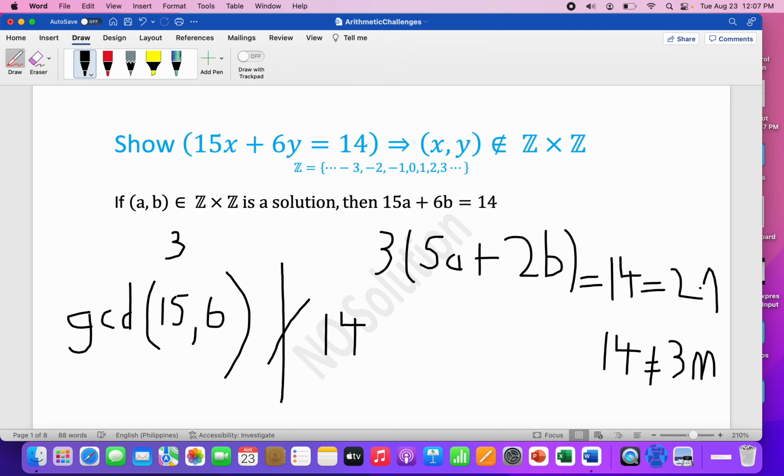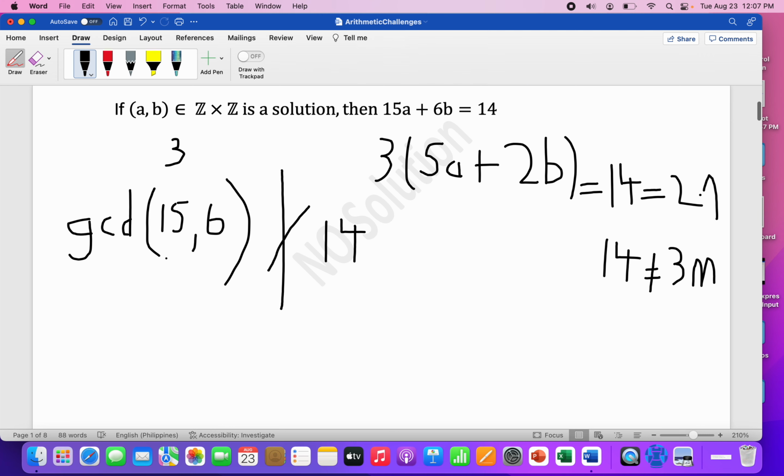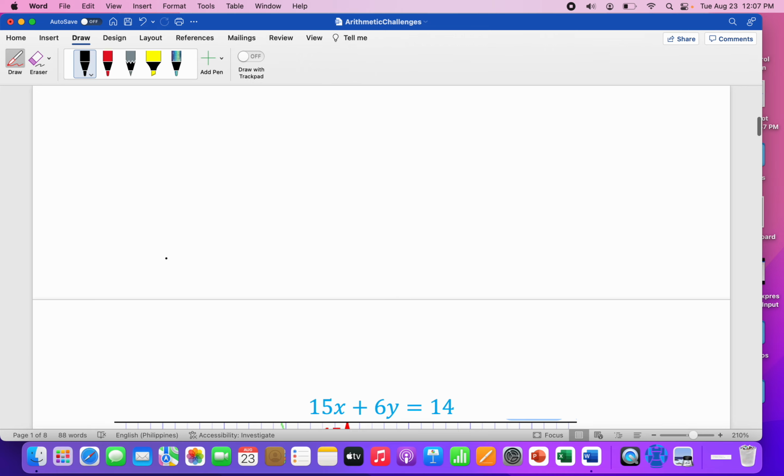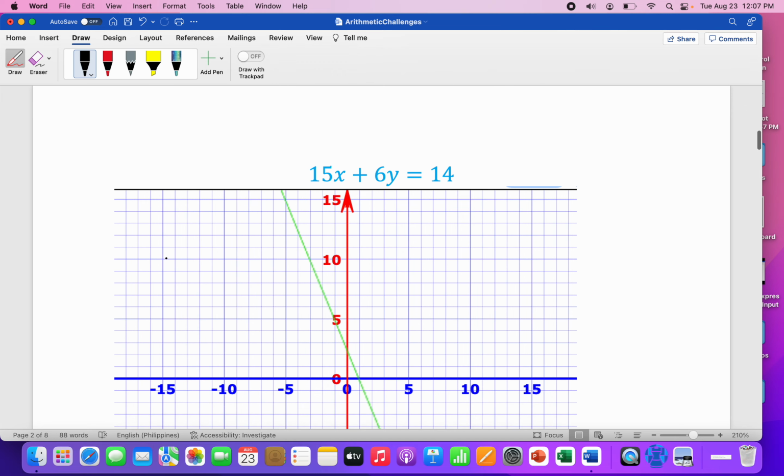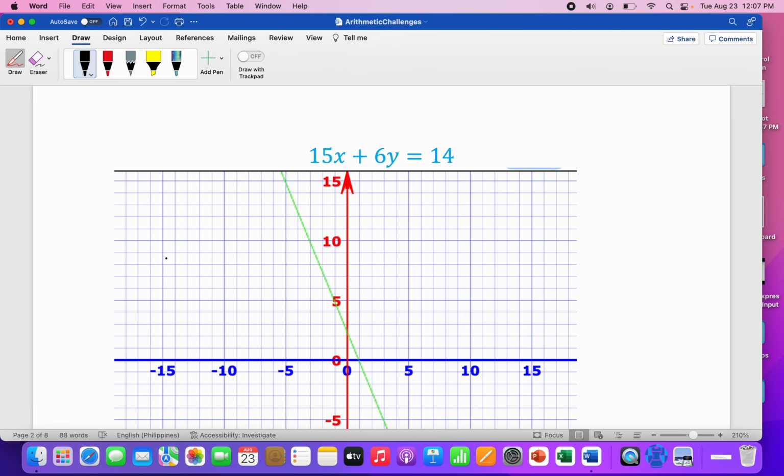Now let's move on down and take a look at the line here to make it slightly more convincing, even though that's a fairly straightforward proof. Here's the graph, and I had some computer software to do this, but that's the graph of the equation we just looked at. Now, if x is equal to 0, that gives you the y-intercept.